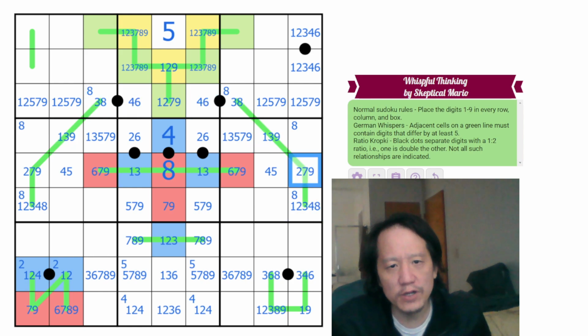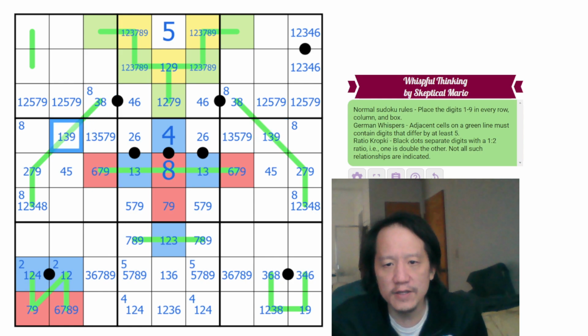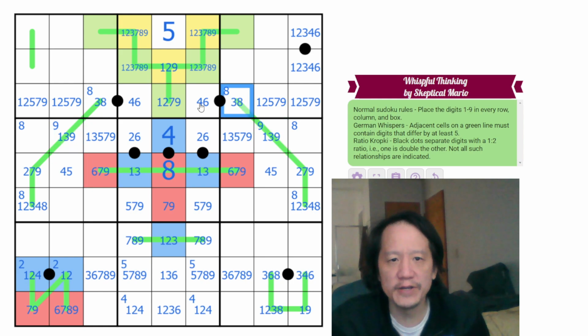Actually, yeah, we also know, so this is still valid. We know 8 has to be here, one of these two. 9 can never be one of these two, right? 3 is always with 9. So the 9 always has to be one of these two cells to accommodate for the 3. So this cannot contain a 9, and this cannot contain a 9.